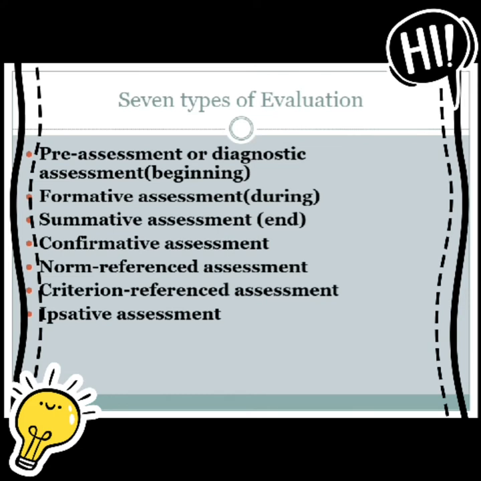First is pre-assessment or diagnostic assessment. Second is formative assessment. Third is summative assessment. Fourth, confirmative assessment. Fifth, norm reference assessment. Though it's not as important as formative assessment, there are still questions asked from norm reference assessment and criterion reference assessment.